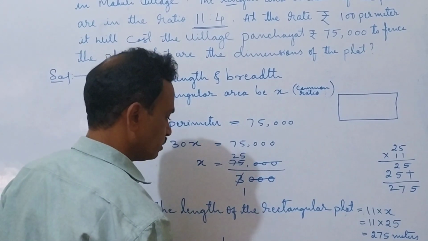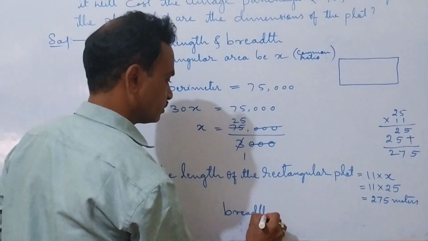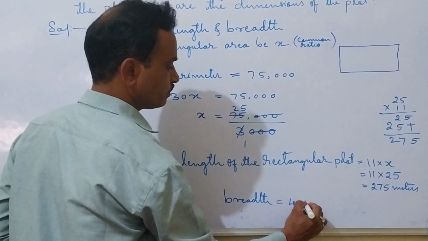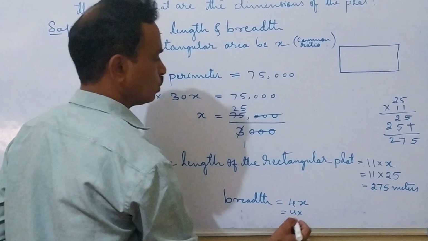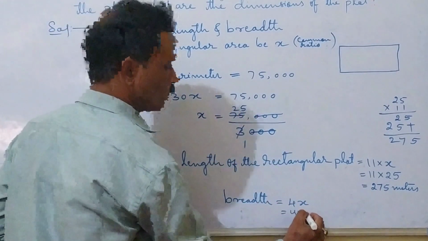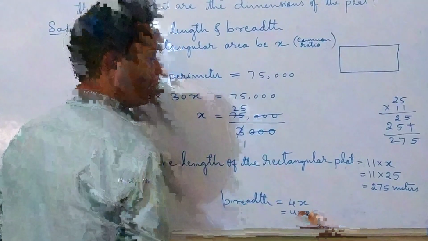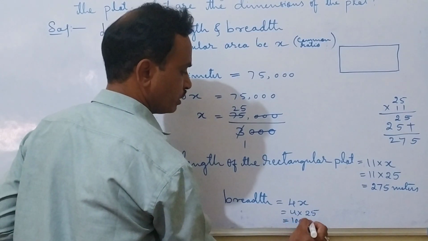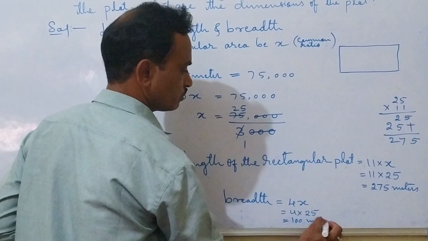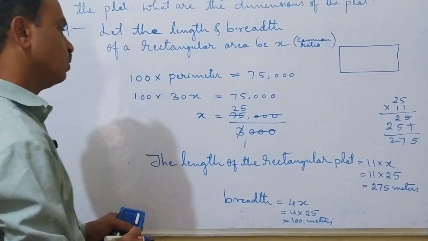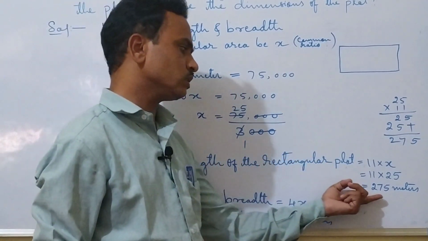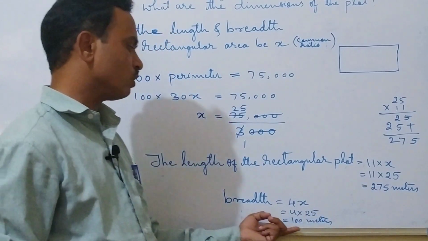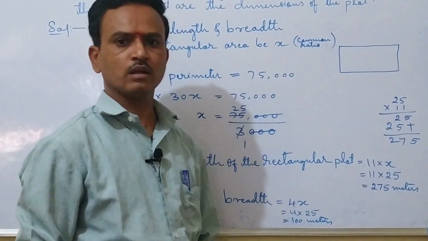The breadth is equal to 4 into x, 4 into 25, which is equal to 100 meters. So the length of the rectangular plot is 275 meters, and the breadth of the rectangular plot is 100 meters.